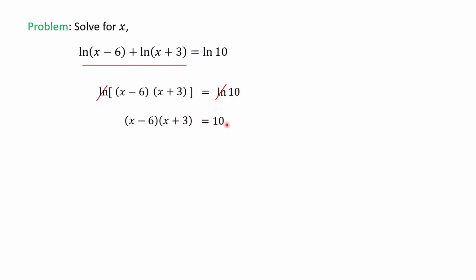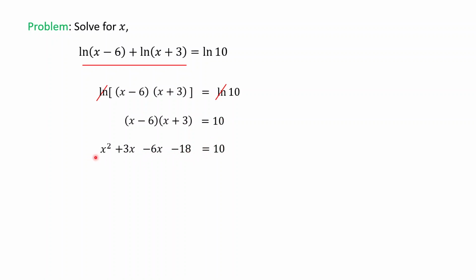Now you can easily solve this equation. First remove the parentheses. Multiply x times x, x squared, x times positive 3, 3x, negative 6 times x, negative 6x, negative 6 times positive 3, negative 18, is equal to 10.